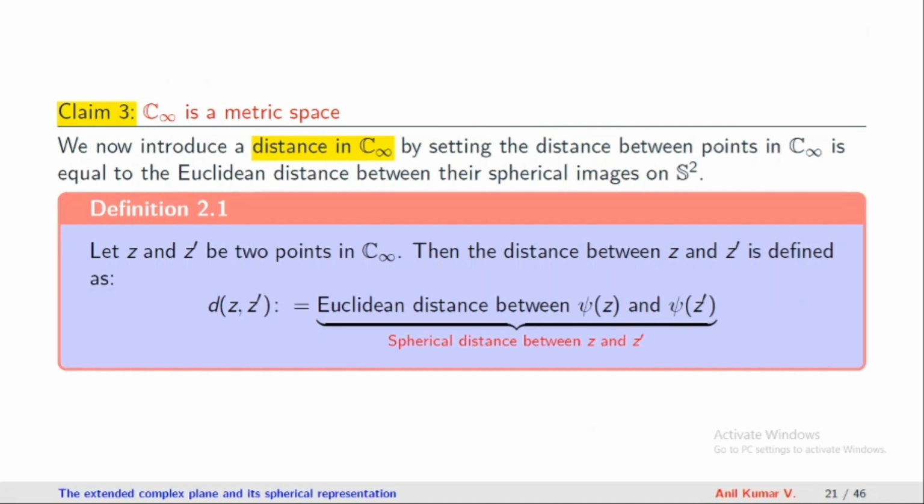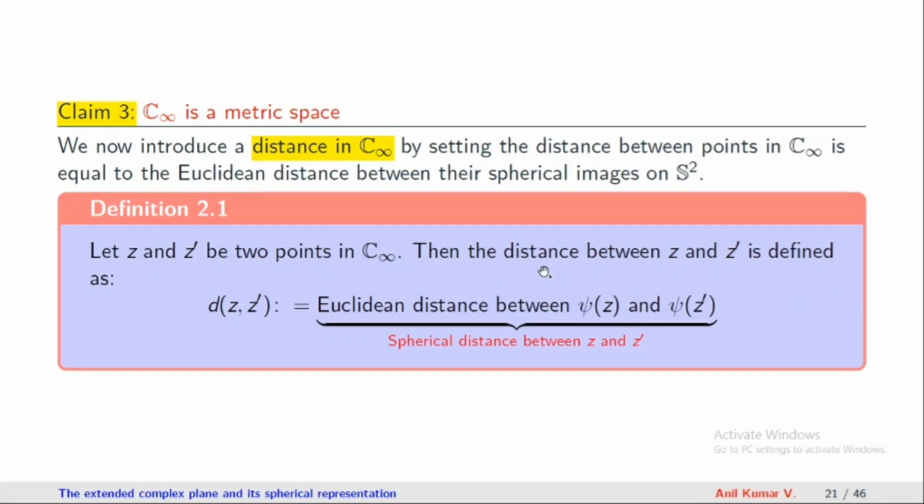Next we claim that C infinity is a metric space. To prove that C infinity is a metric space, we define a distance function on C infinity as follows. Let z and z prime be two points in C infinity.